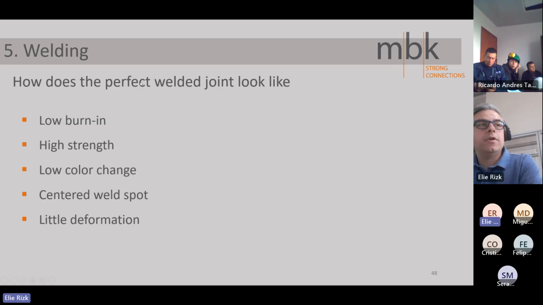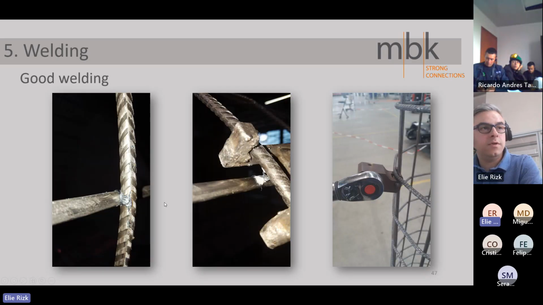So a perfect welded joint has a low burn-in and high strength. When you try to separate the two wires, it will be really difficult. Low color change, centered weld spot. You see that the welding spot is approximately at this point, and here also.